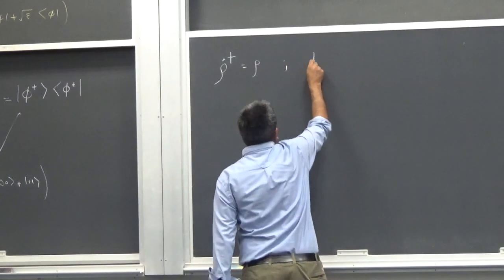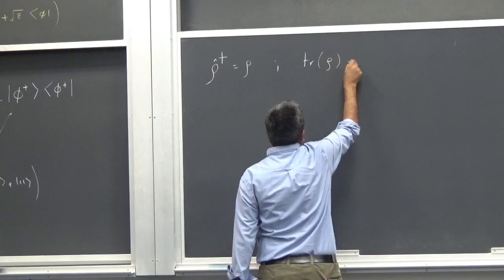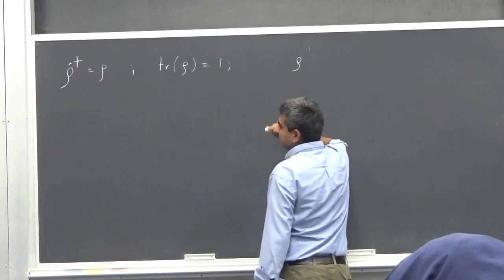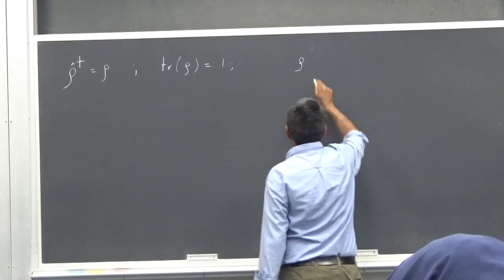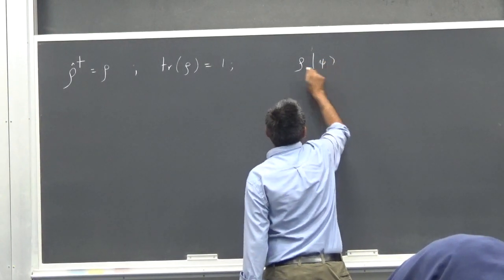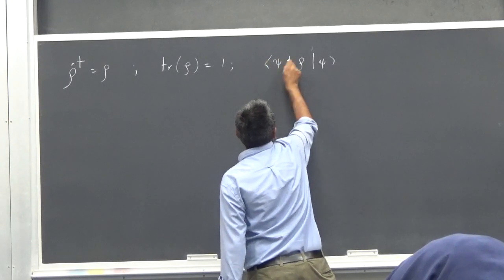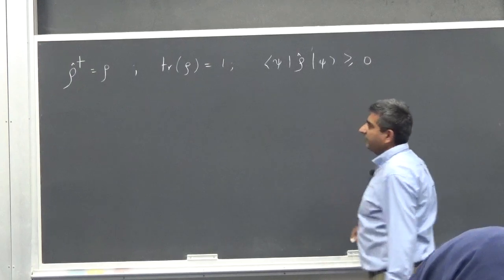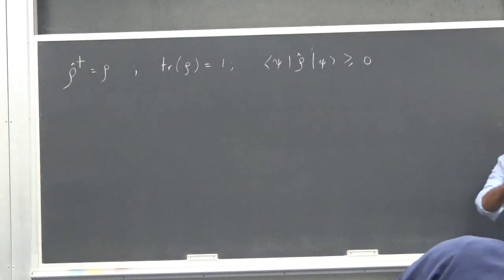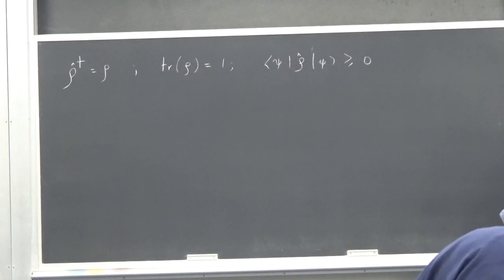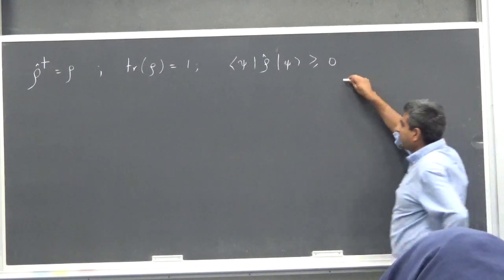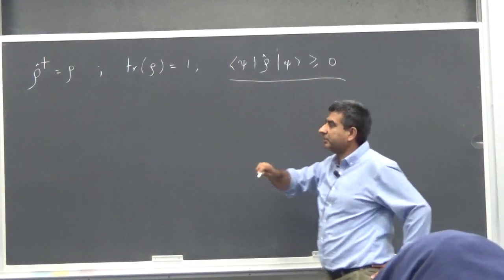You need to know that the trace of rho remains 1, and you need to know that rho is a positive matrix, which really means you take any quantum state and sandwich rho in between, then this gives scalars which are non-negative. Rho is a positive matrix or a semi-definite positive matrix. This is something that we proved in the previous lecture.